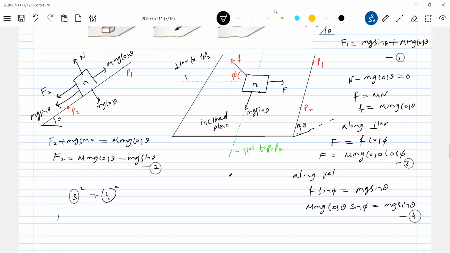This will be F square plus mg sin theta whole square equal to mu mg cos theta cos phi whole square plus mu mg cos theta sin phi whole square.